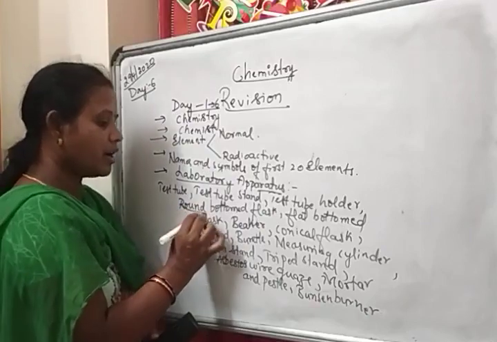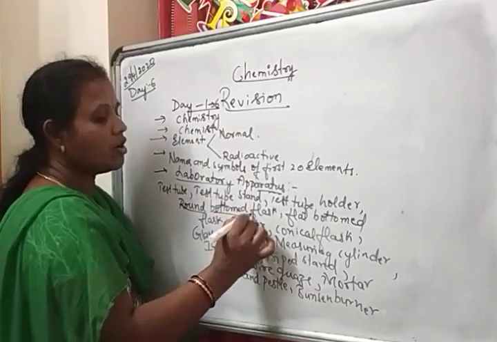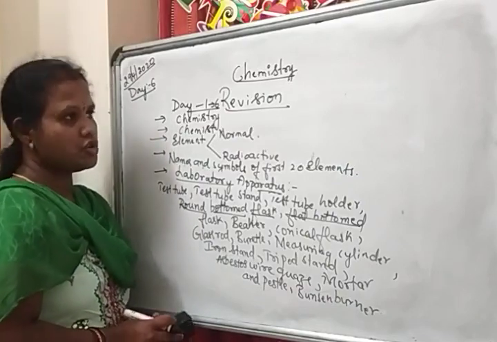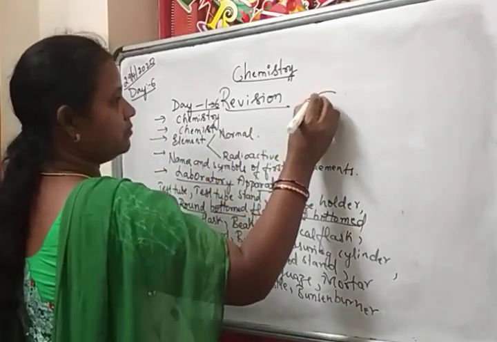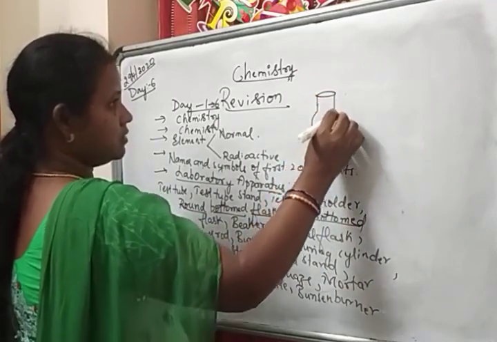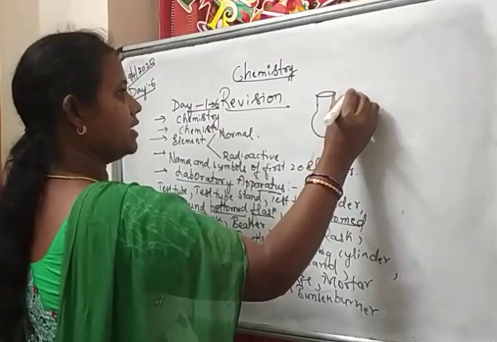Here you should try to differentiate between round bottom flask and flat bottom flask. The diagram also you should try to differentiate. This is round bottom flask.